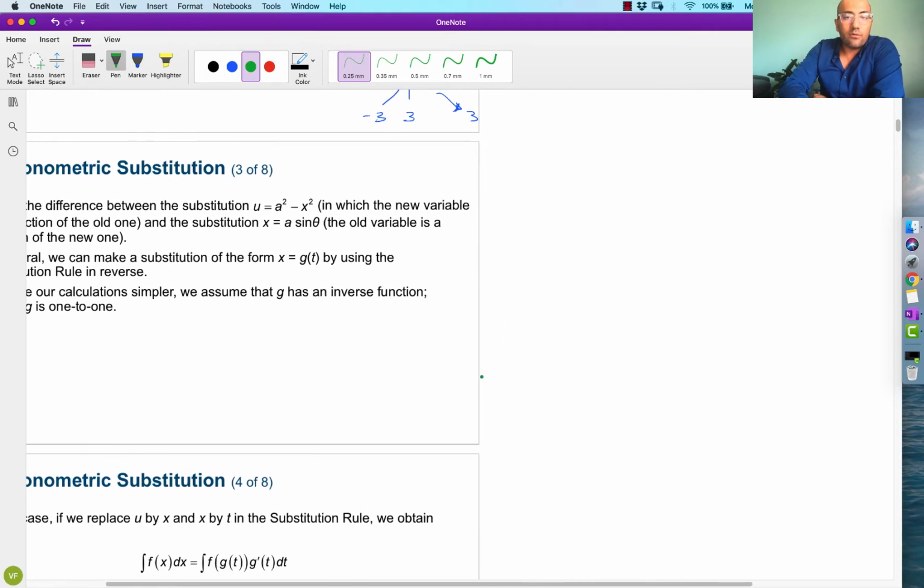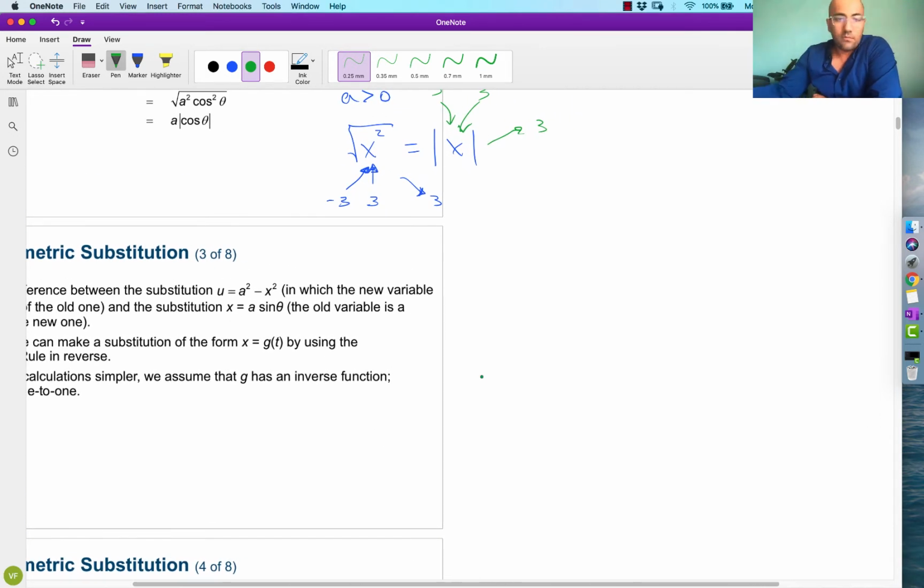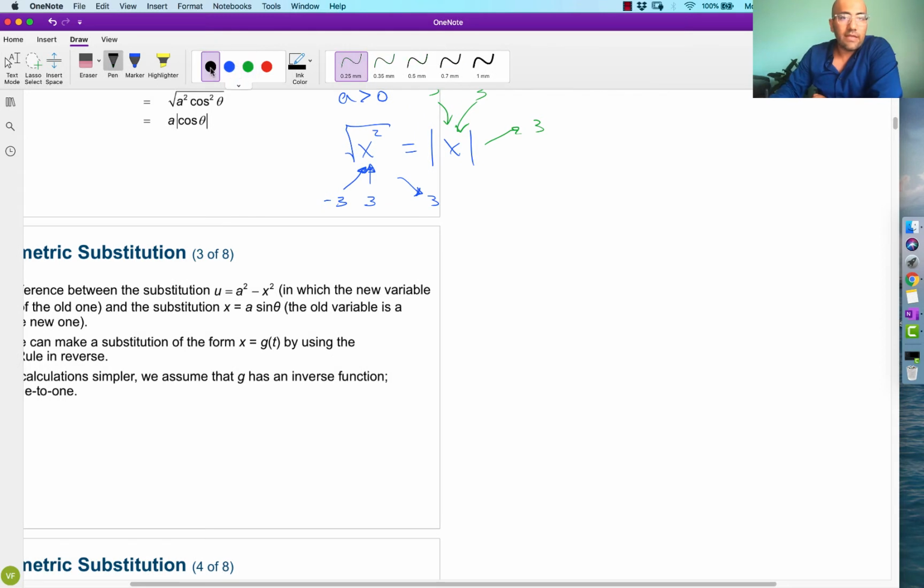So for example, let's say I had an integral that involved this kind of statement. Say I wanted to integrate the square root of a squared minus x squared, times sine of a squared minus x squared, dx.